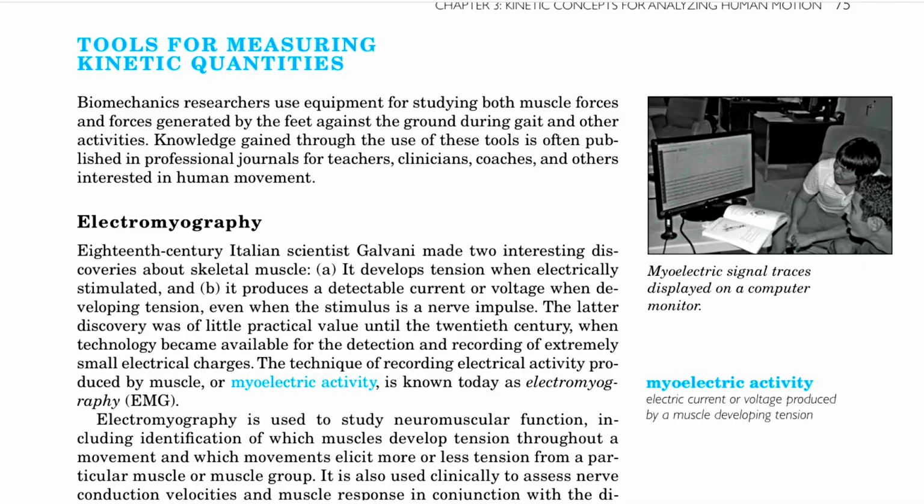The major uses, as we have discussed, are to identify which muscles are active during a movement, and second, how much tension is produced by a muscle or muscle group.